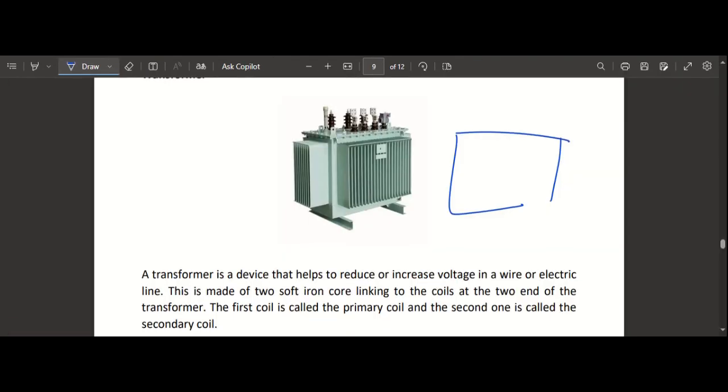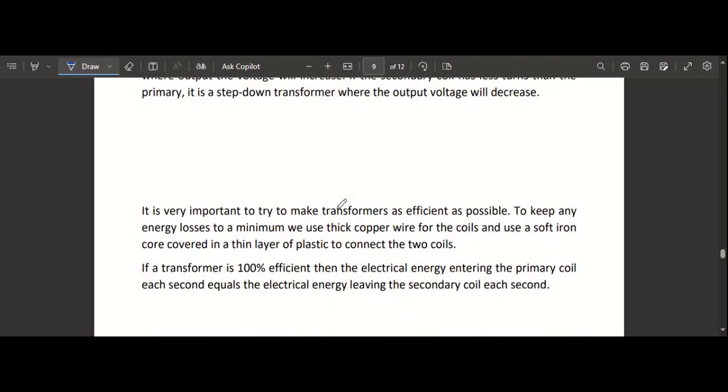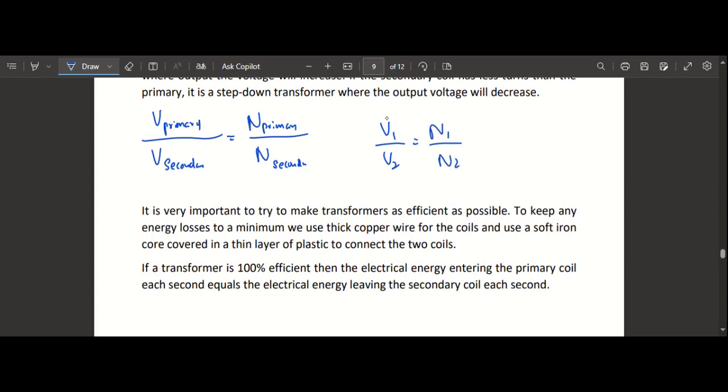So that equation is voltage supplied in the primary divided by voltage in the secondary is equal to number of turns in primary divided by number of turns in secondary. Or with the symbols we use, we can write V1 over V2 is equal to N1 over N2, right? So you can memorize this either way. Okay, so write that equation there.